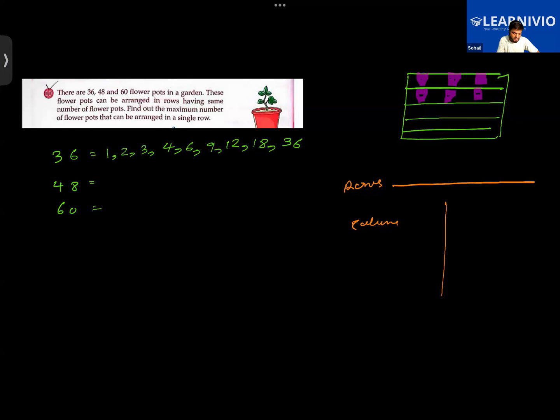Okay, then for 48, the first one is 1, then 2, 3, 4, 6, 8, and then 12.